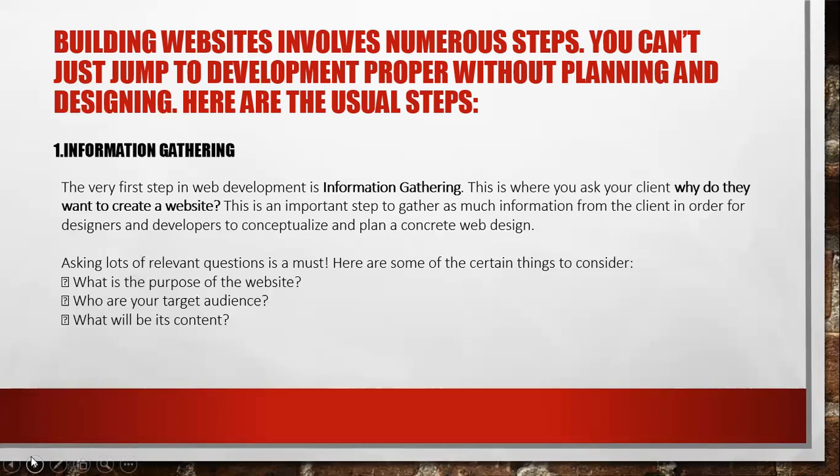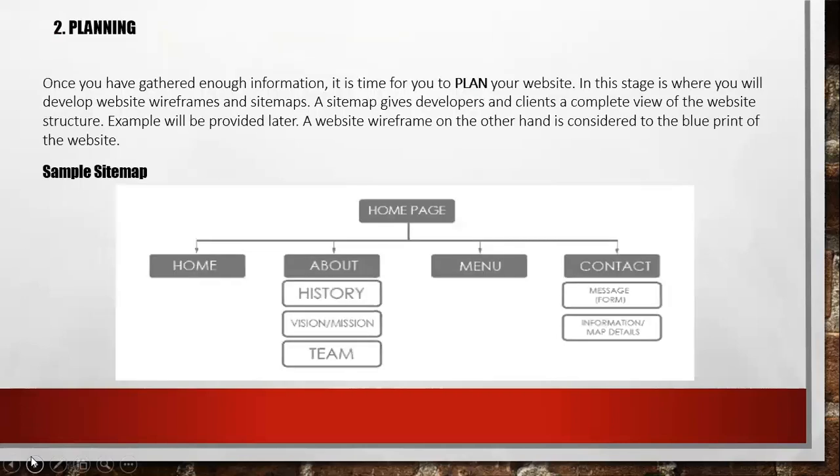You really need to gather as much information as you can so that you will no longer get a lot of trouble when it comes to developing or creating your website. So first, we need to gather as much information as we want, not only from our clients, but at the same time about the website that we are going to create.